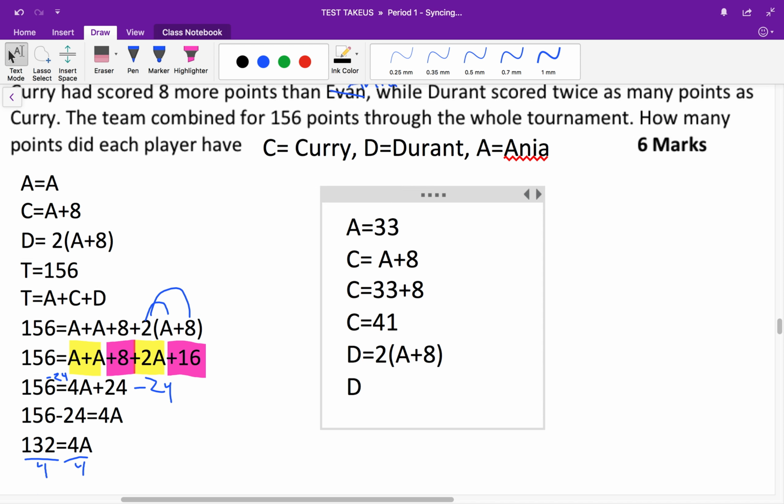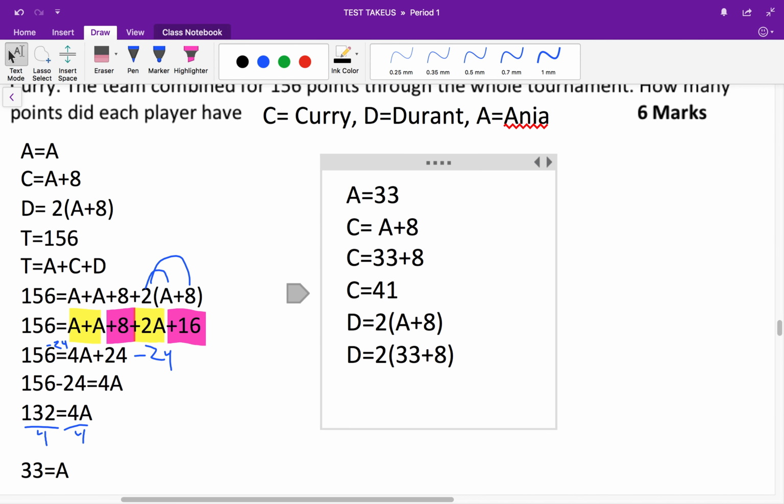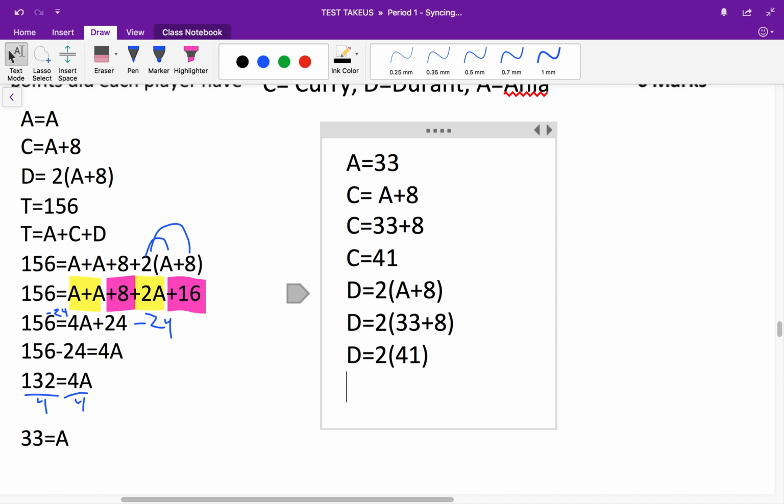So Durant equals 2 times 33 plus 8. Durant equals 2 times 41. So Durant scored 82 points. And we could double check that by adding 33 plus 41 plus 82.